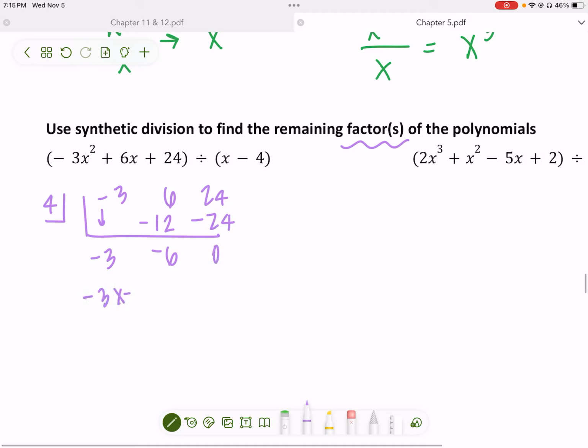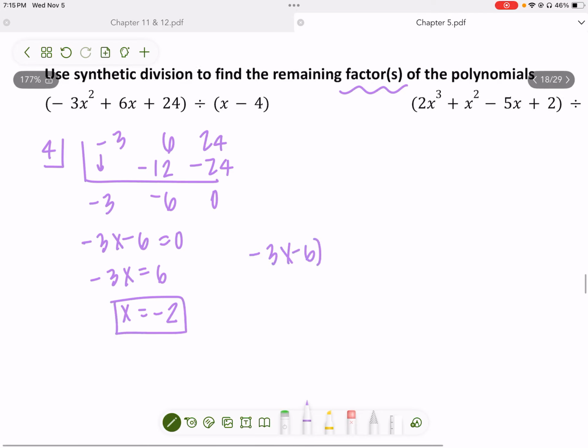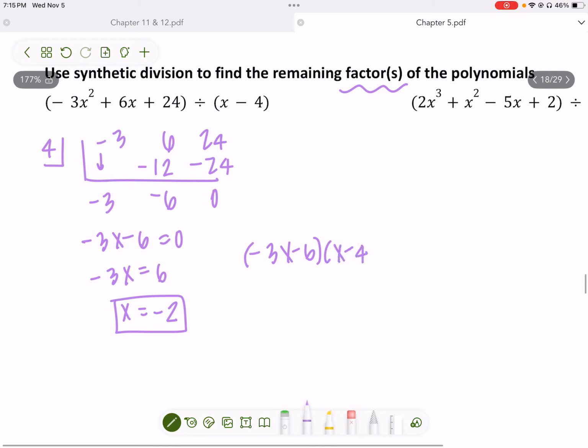So we have -3x minus 6 equals 0. -3x equals 6, and x equals -2. Okay, so -3x minus 6 times x minus 4 is factored form, and the x's will equal 4 and -2.